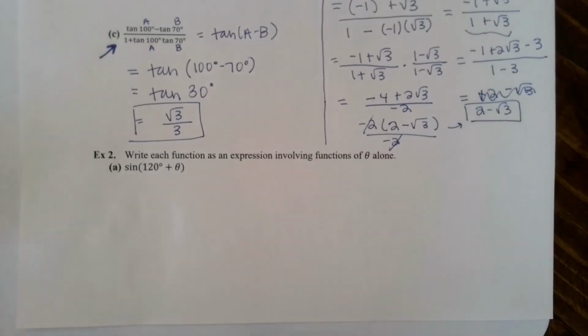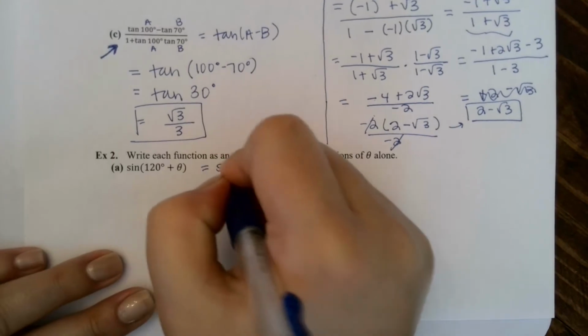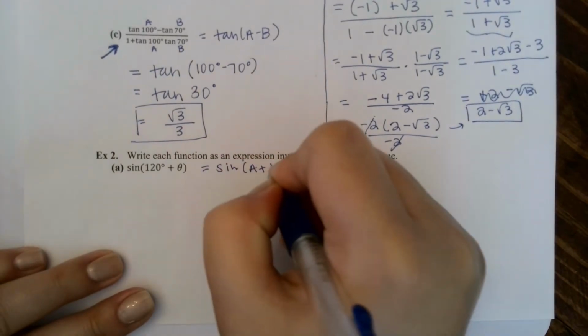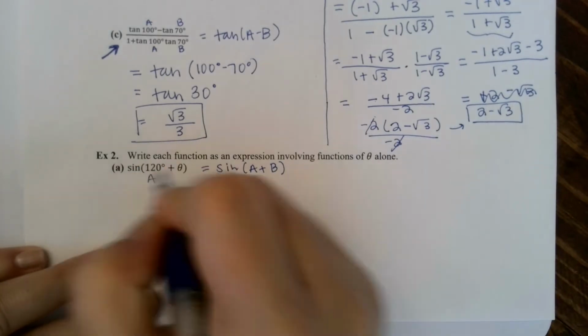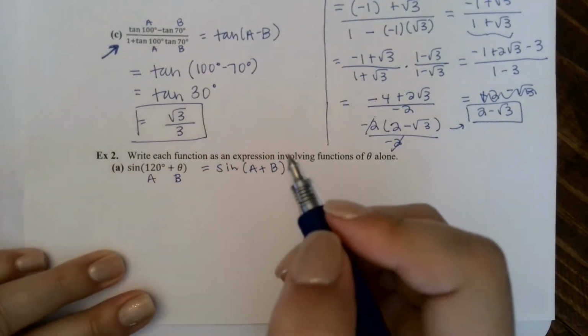Okay, example 2, write each function as an expression involving functions of theta alone. Okay, so here we have sine of A plus B. So then we're going to rewrite this where A is 120 degrees and B is theta.